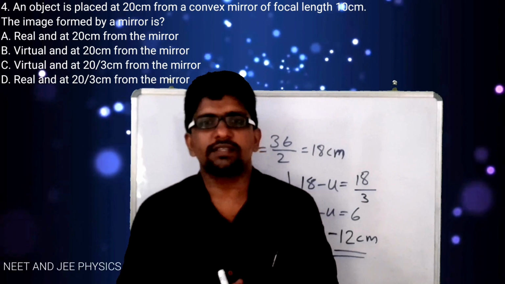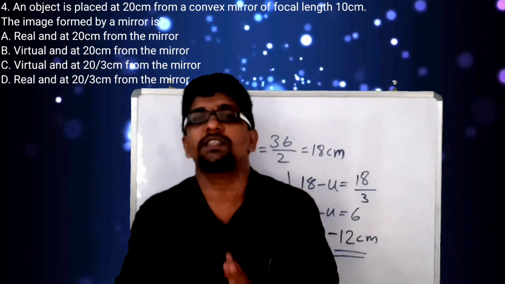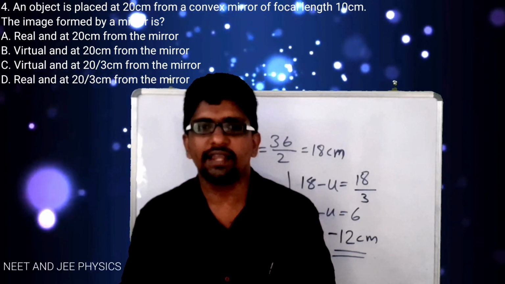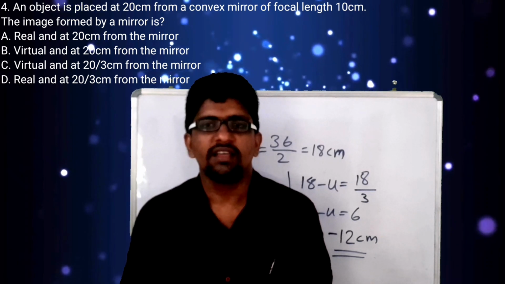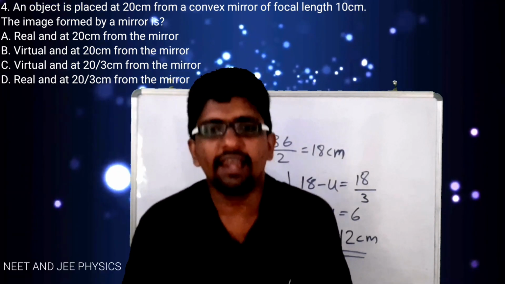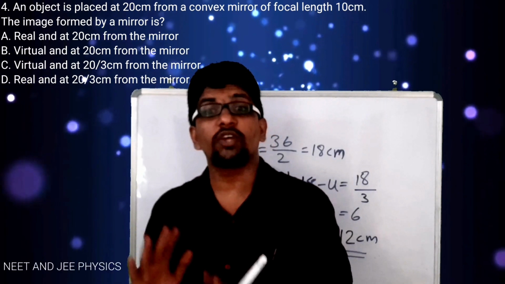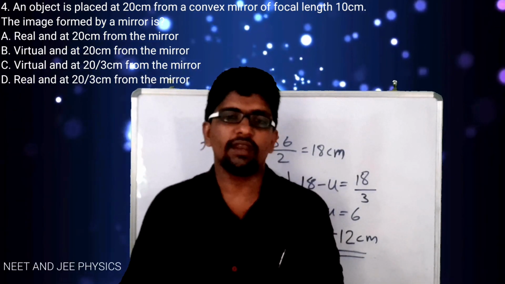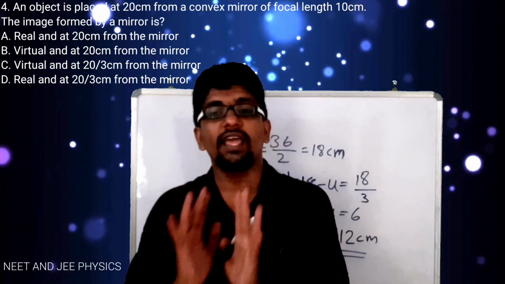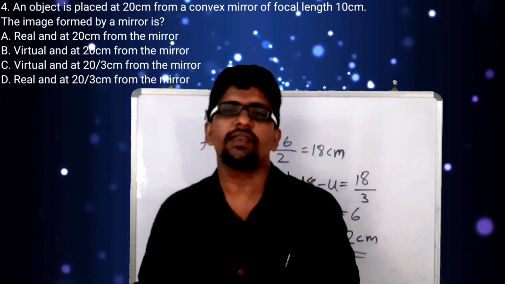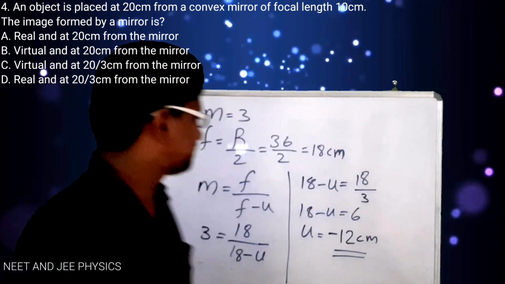Our fourth question is, an object is placed at 20 centimeter from a convex mirror of focal length 10 centimeter. The image formed by the mirror is, 4 options you have: real and at 15 centimeter from the mirror, virtual and 20 centimeter from the mirror, virtual and 20 by 3 centimeter from the mirror, real and 20 by 3 centimeter from the mirror.